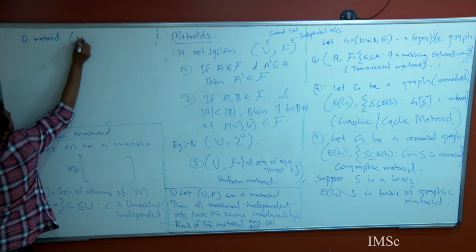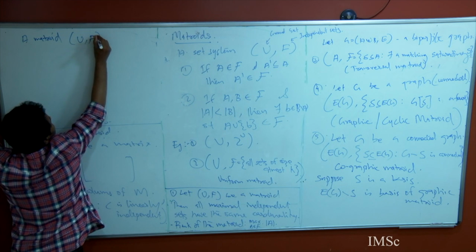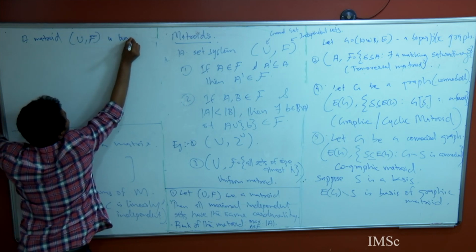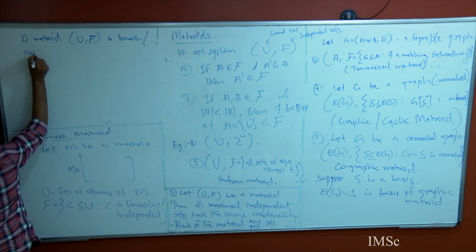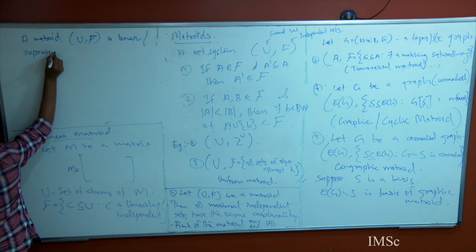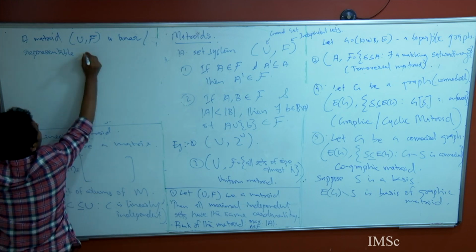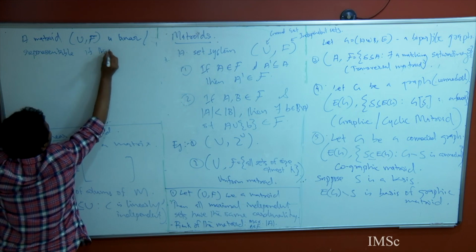A matroid (U, F) is linear or representable if the following holds.